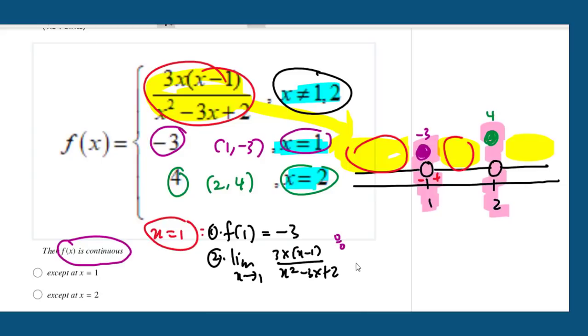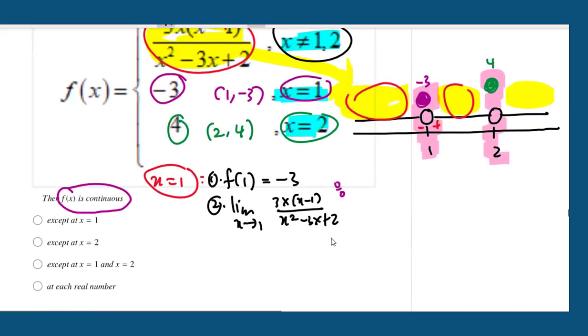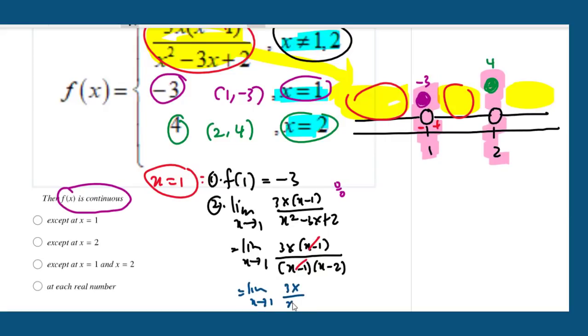This is indeterminate form. For polynomial over polynomial, we factorize. Limit x approaches 1, 3x(x minus 1) over, one of the linear factors is x minus 1, and x minus 2. This one can be cancelled. So the answer is limit of 3x over x minus 2.